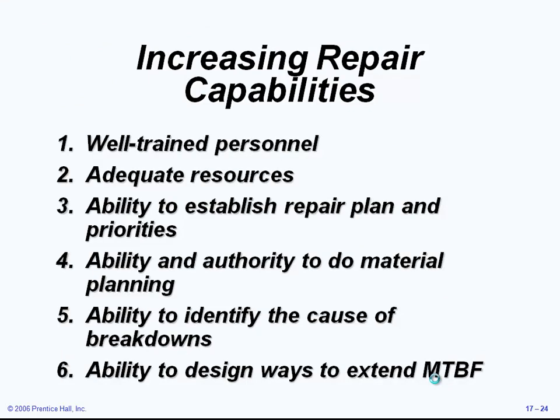The other strategy is to increase repair capabilities, and to do that, we need well-trained personnel, adequate resources, the ability to establish repair plans and priorities, the ability and authority to do material planning, the ability to identify the cause of breakdowns, and the ability to design a way to extend the mean time between failures.